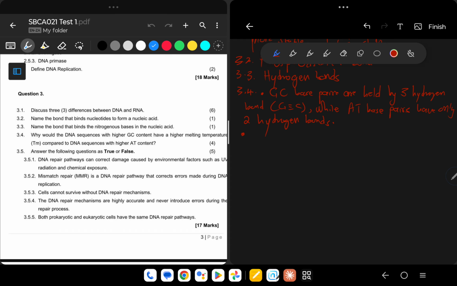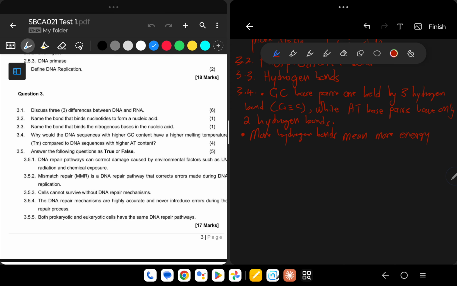Another point we can speak about is what I just said: more hydrogen bonds mean more energy would be required.